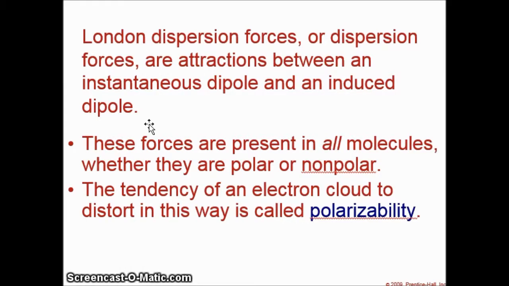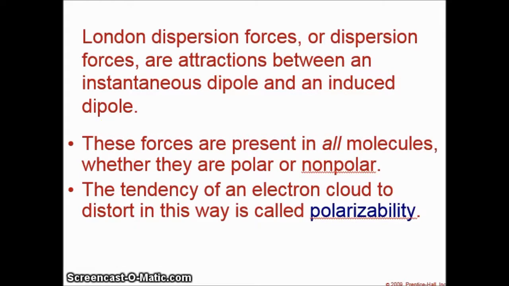These forces are present in all molecules, whether they are polar or nonpolar, but we're really going to look at them in the nonpolar molecules. The tendency of an electron cloud to distort in this way or become polar is its polarizability. How polar can we make that atom? The more polar we can make it, the higher polarizability that atom has.